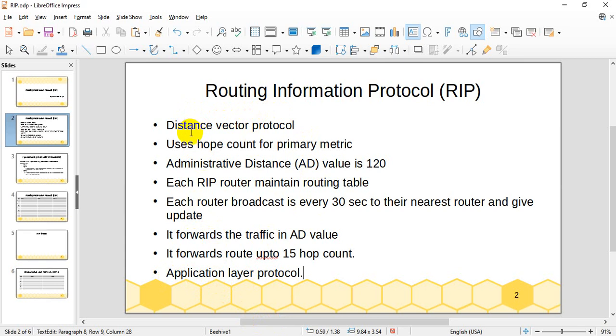I have to select the right answer, that is the application layer protocol. Okay, RIP is an application layer protocol.